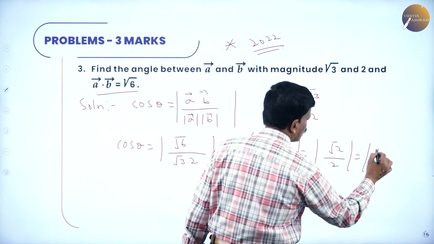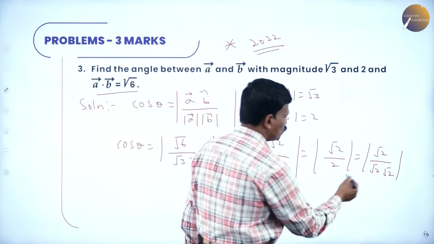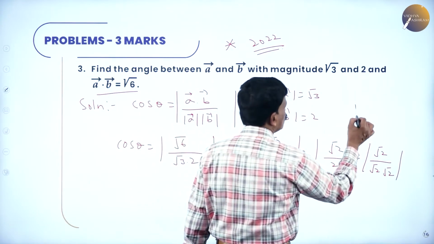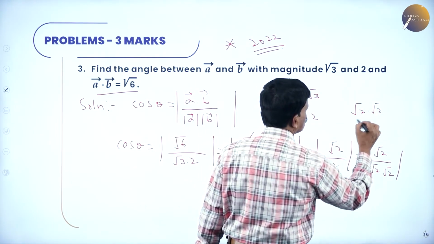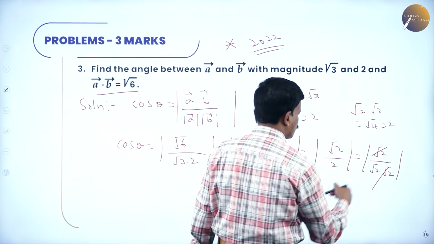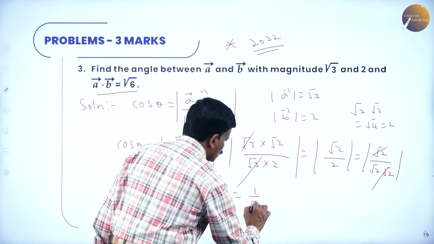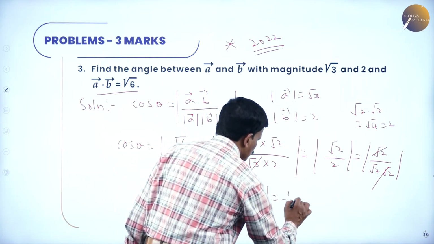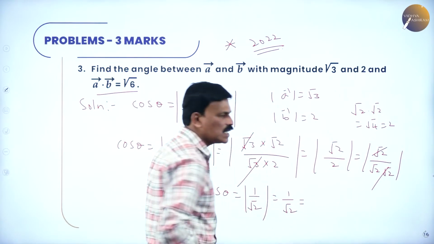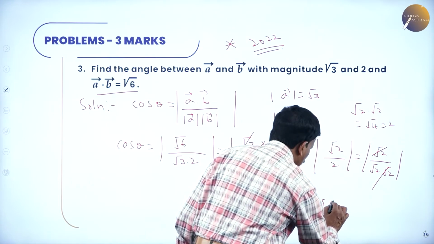This can also be written as root 2 into root 2, since 2 can be written as root 2 into root 2. Root 2 into root 2 is root 4, the square root of 4 is 2. One root 2 gets cancelled. What is left over is cos theta equal to 1 by root 2. Cos theta equal to 1 by root 2 means cos of pi by 4.